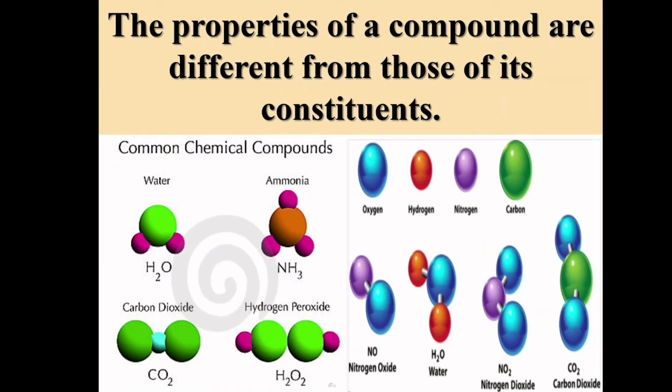The properties of a compound are different from those of its constituents. You can see here in the picture, common chemical compounds are given.